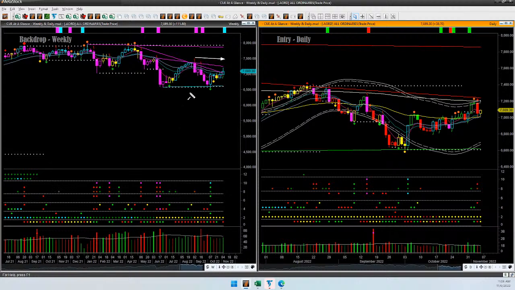In the weekly, all ordinaries is inside a range. It is at the upper edge of the range. In the daily, it came right near the trendline resistance, displayed an indecision signal, bearish indecision, and very next day it fell sharply with a bear release signal.